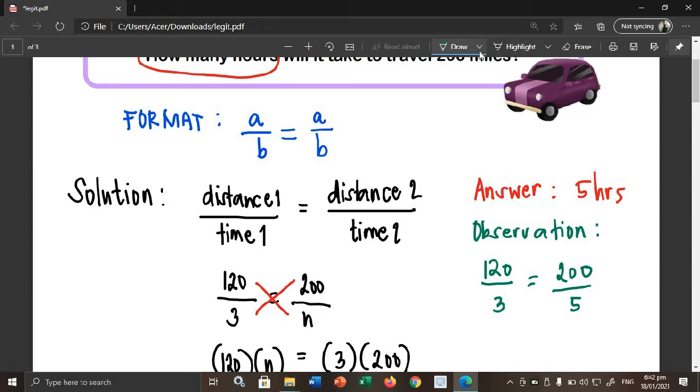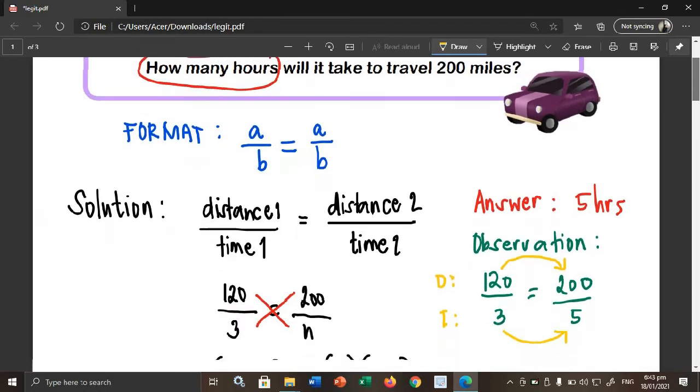If you notice, when the value of the distance increased, the value of the hours also increased, right? Here is your distance, here is your time. So we can conclude that as the miles you drive go up, the time you need to drive that distance also goes up. That's why this problem is a direct proportion, because when the distance increased, the time also increased.